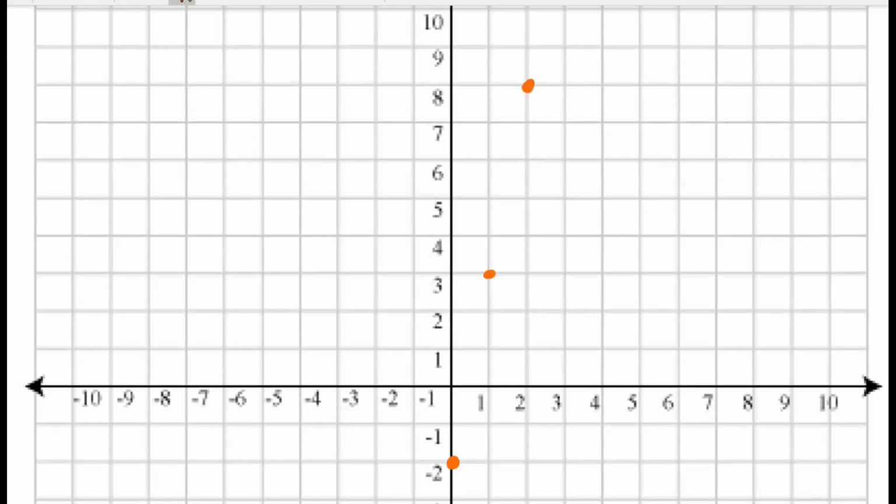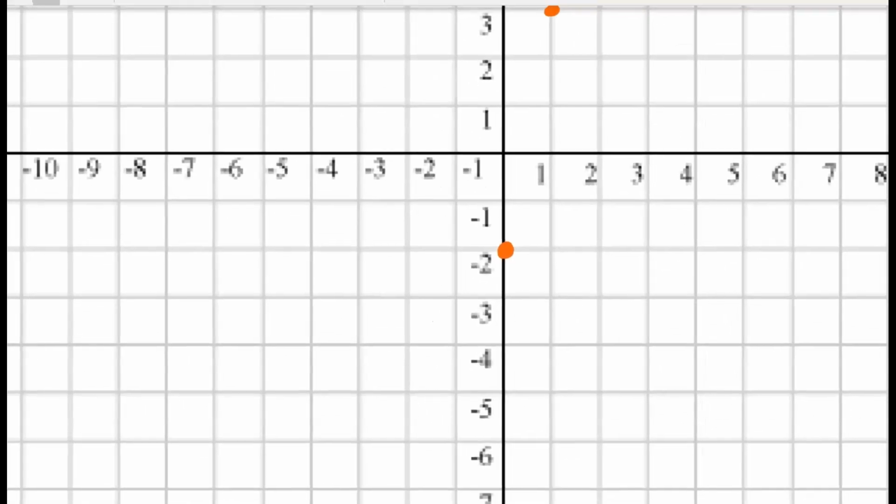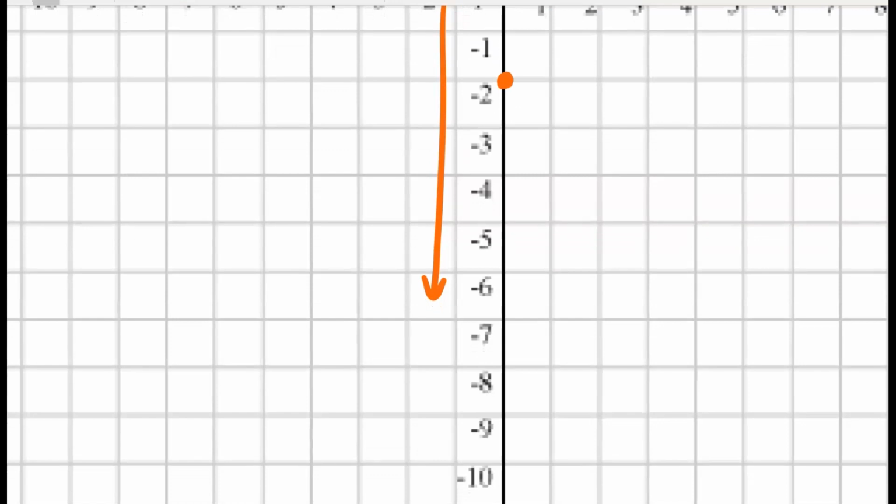When we have x of 3, though, we have y of 13. That won't fit. But when we have an x of -1, so looking at -1, we have a y of -7. So we got to move down to -7, and our point would go right there.